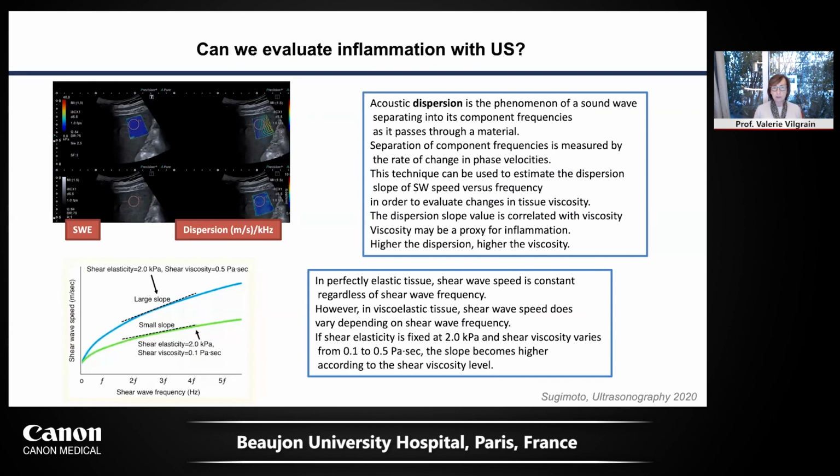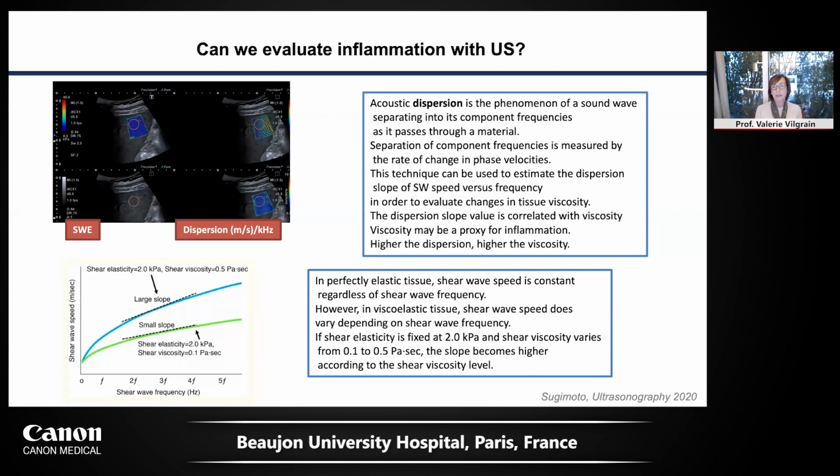So how do we do that? We look at the acoustic dispersion. And what is acoustic dispersion? It is a phenomenon of a sound wave separating into its component frequencies as it passes through a material. So the separation of the frequencies is measured by the rate of change in phase velocities.